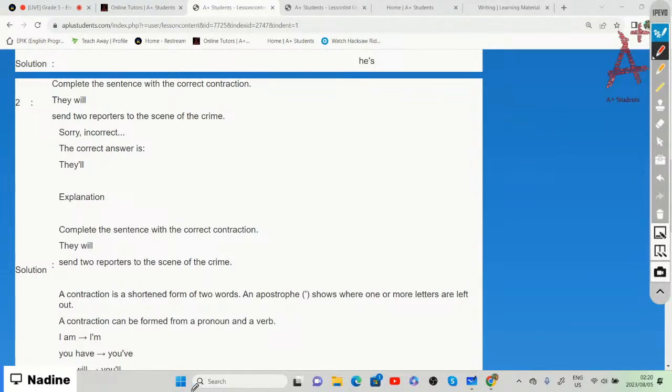So they will is like saying they'll send two reporters to the scene of the crime. So they'll is the correct contraction. They'll is the shortened form of they will, right?